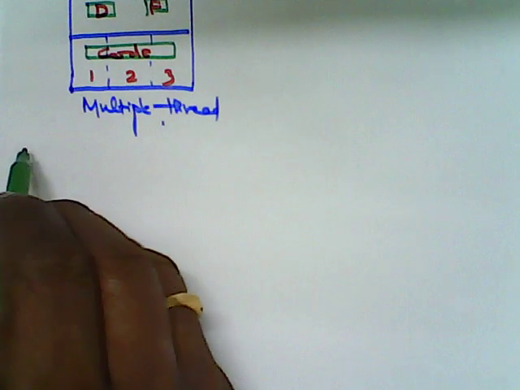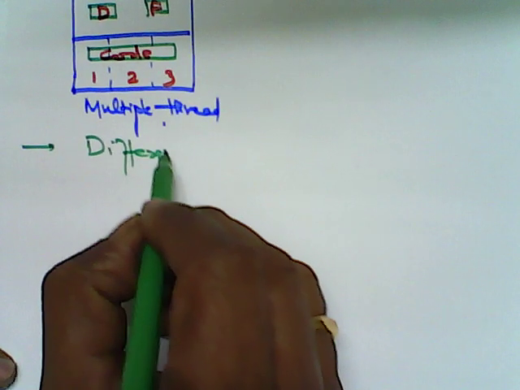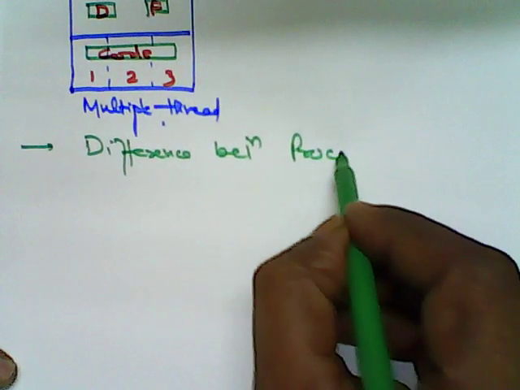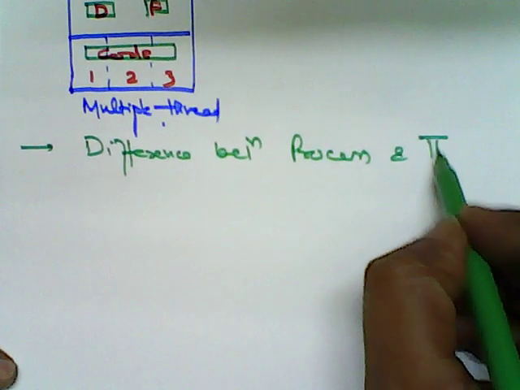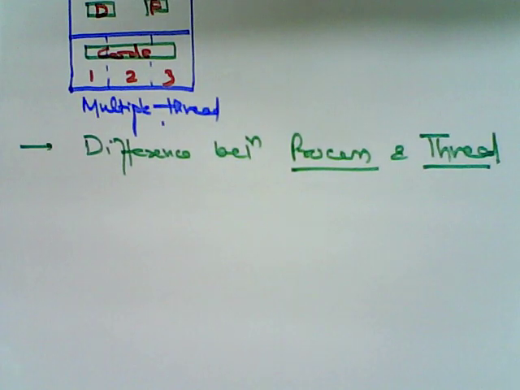There is one important point I need to discuss here, that is the difference between process and thread. As the name indicates, I have told you process is a program execution for a given task.